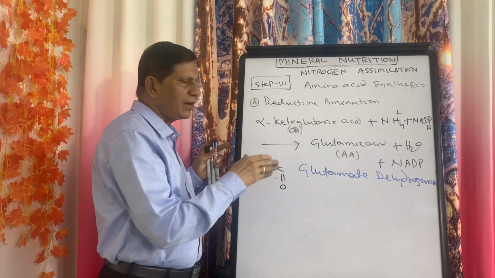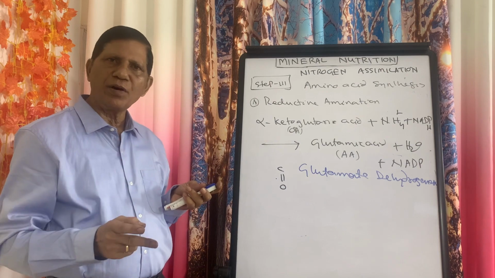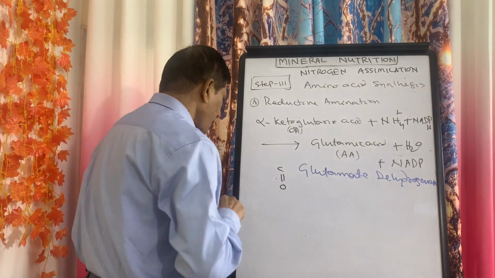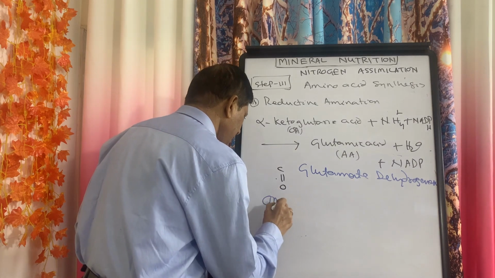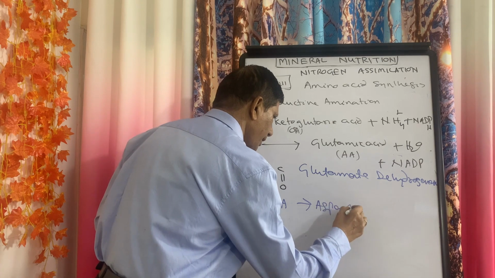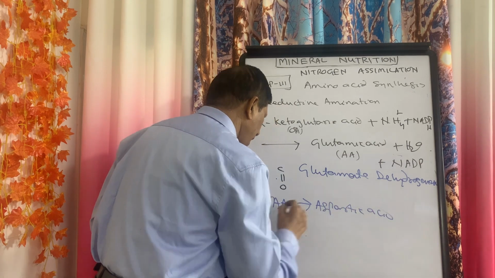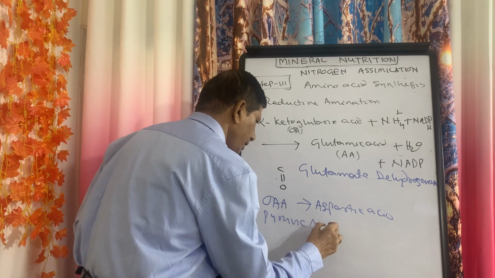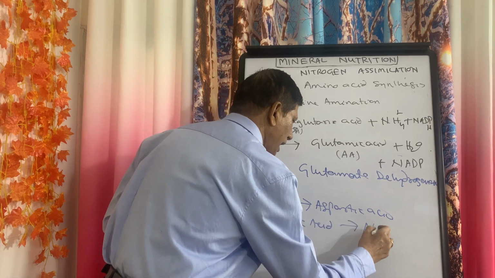In this manner, another two amino acids also can be formed. The oxaloacetic acid can be converted to aspartic acid, and the pyruvic acid can be converted to alanine.